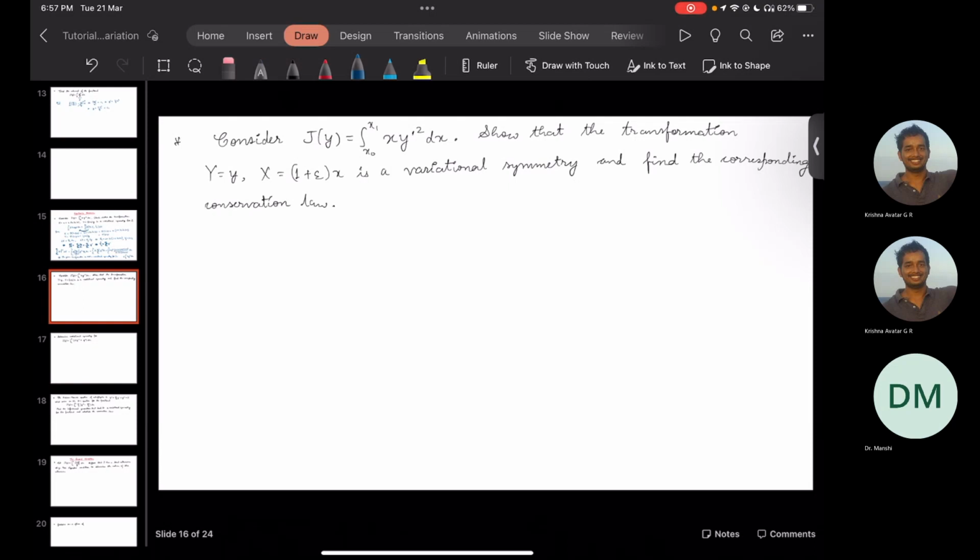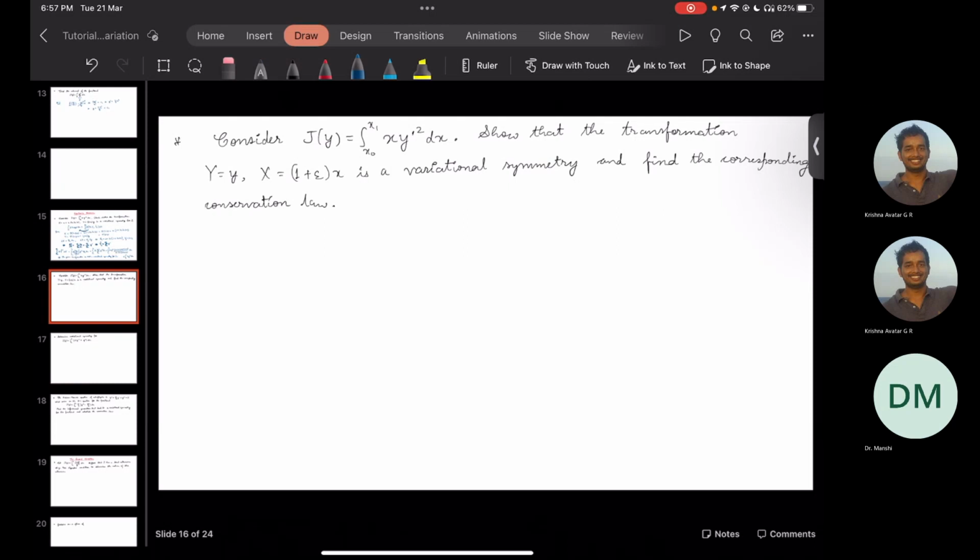So here we have a functional J containing x y prime squared. We have the same function. So we are asked to show that the transformation capital Y is equal to y and capital X is equal to 1 plus epsilon into x is a variational symmetry, and find the corresponding conservation law.